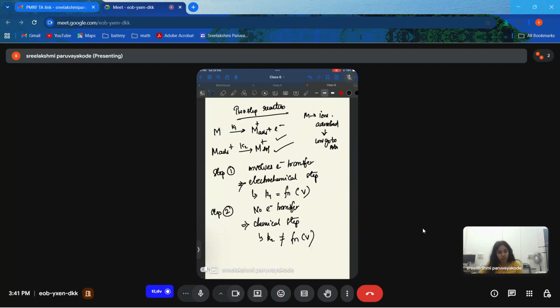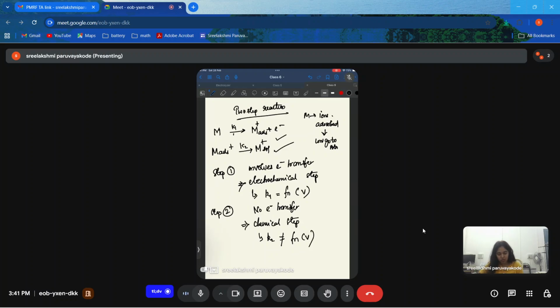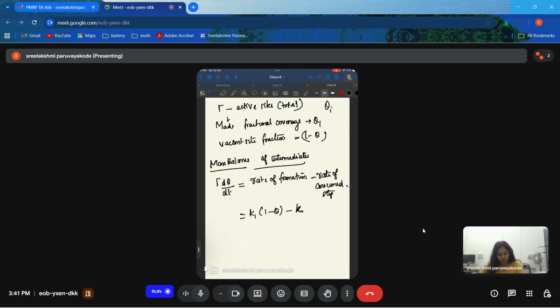The forward reaction is the formation, so it becomes K1 times the metal surface fraction, which is 1 minus theta 1, or where only one theta is there, I can write 1 minus theta, minus, in the next step it is consumed, so it becomes K2 times theta. This is the rate of the first step and the rate of the next step.